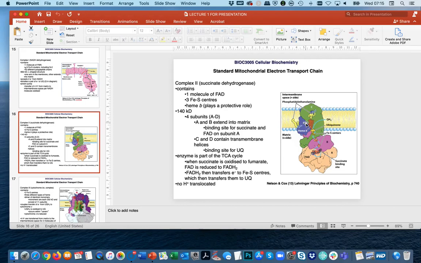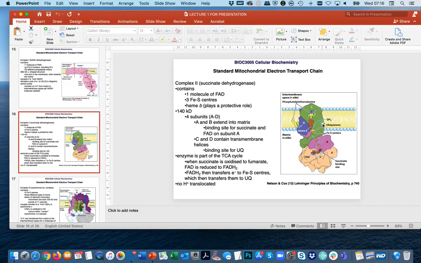So when succinate is oxidized to fumarate, then FAD is reduced to FADH2, and then that allows the electrons to move from FADH2, which again is a strong electron donor, through those iron sulfur complexes, and ultimately the electrons end up at ubiquinone.